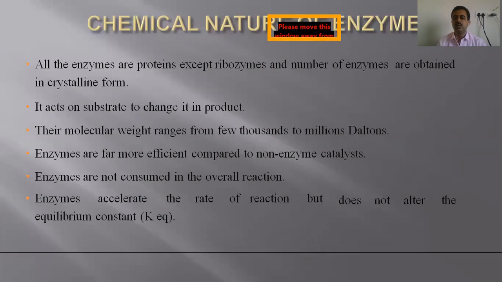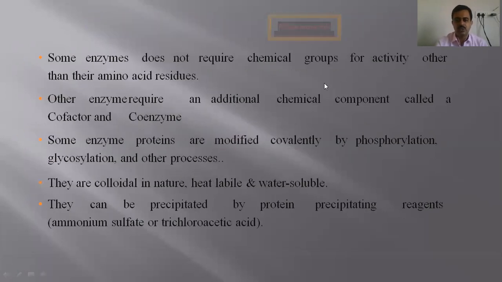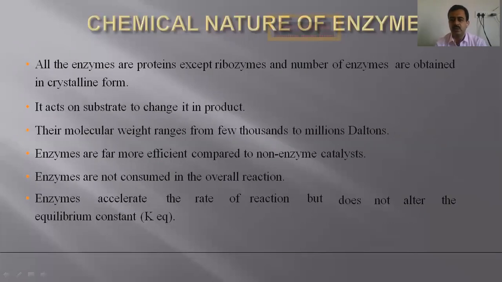Now, what is the chemical nature of these particular enzymes? Its chemical nature is such that enzymes are said to be proteins in their nature. One of the exceptions to this is ribozymes. It acts on the substrate and changes it into the product.